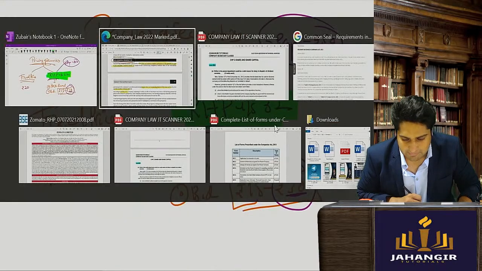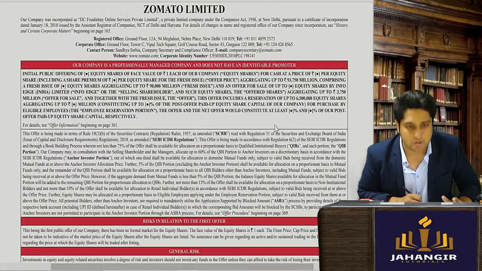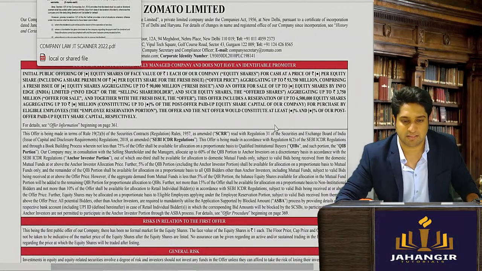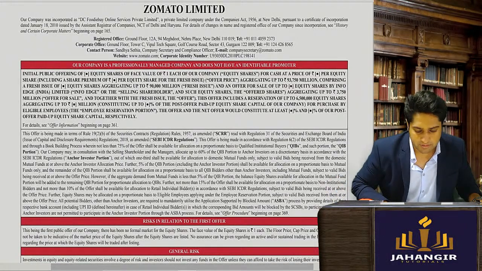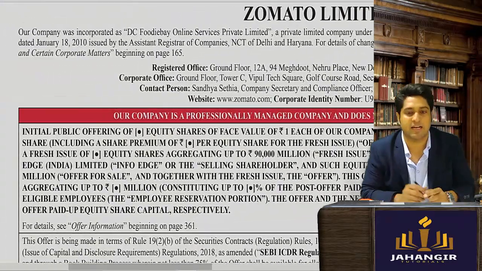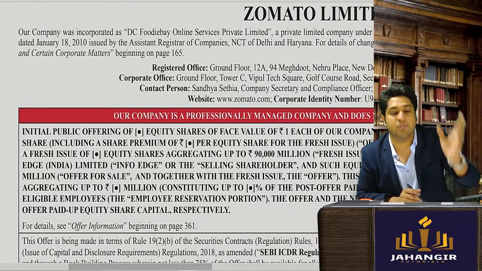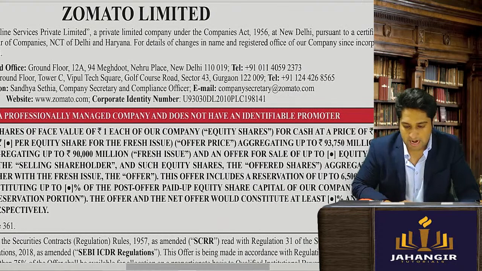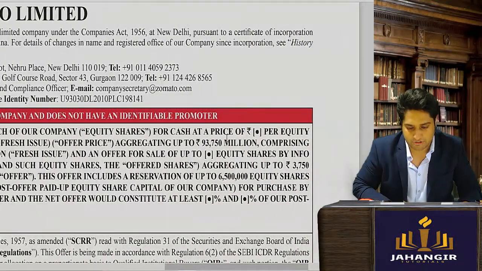Now let me take you through a prospectus of Zomato Limited. This is a red herring prospectus of Zomato. If you go and see, it is written IPO of dash equity shares. They have not given the number of equity shares issued. At a price of dash.